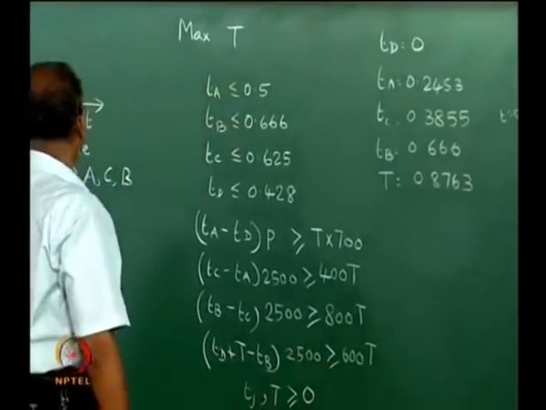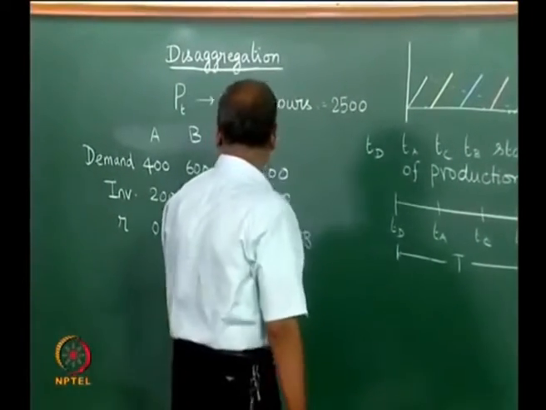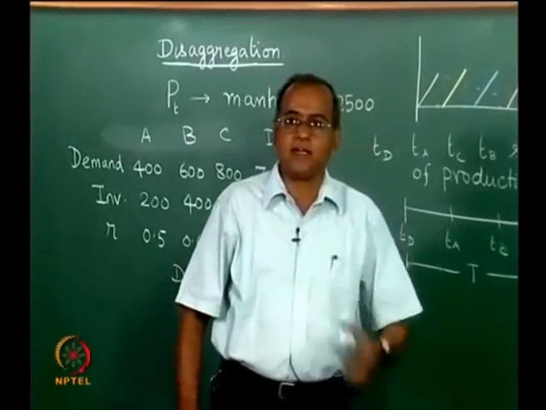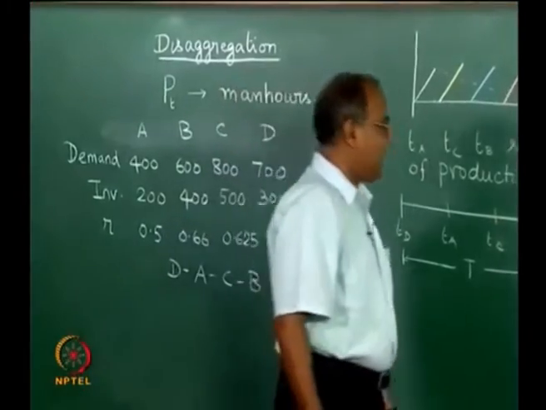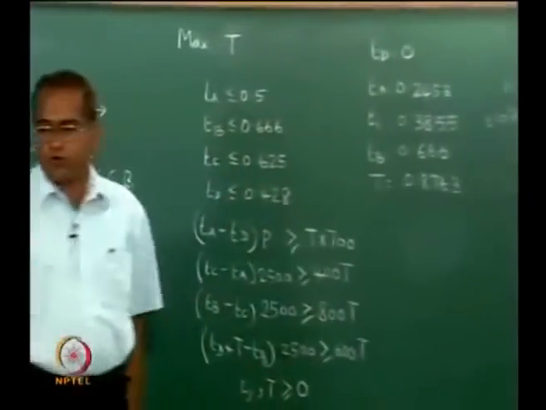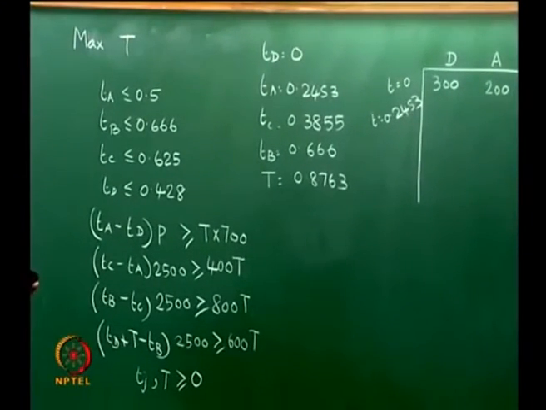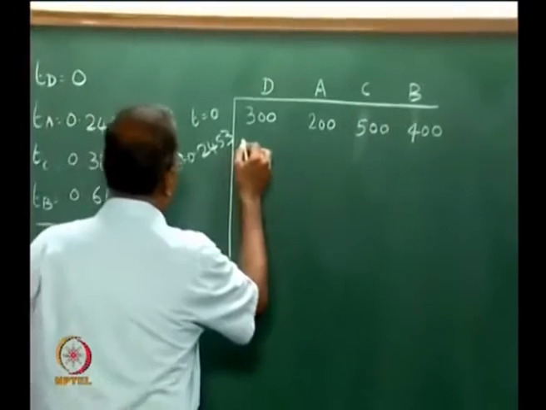So, we are producing at the rate of 2500 man hours, we are consuming at the rate of 700 man hours. So, the net inventory build up is at the rate of 1800, and it is built up for a period 0.2453. So, the inventory at that position is 1800 into 0.2453 plus 300, which will be 741.54, which approximates to 742.